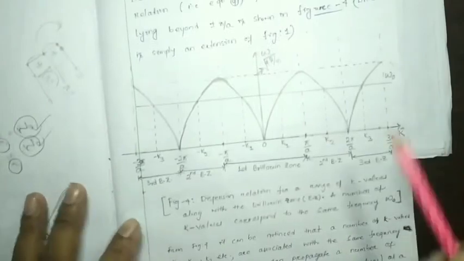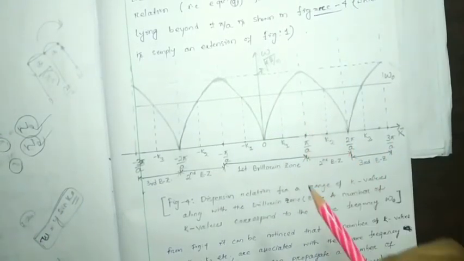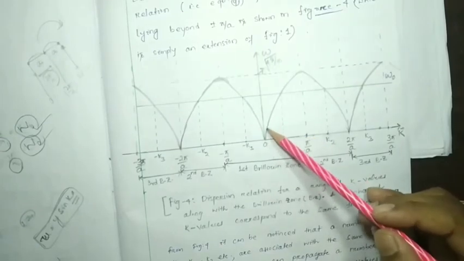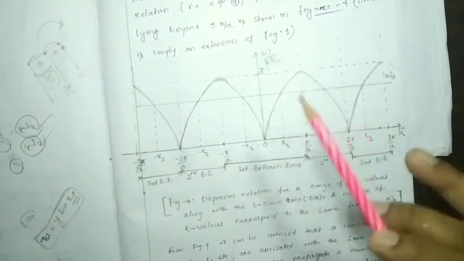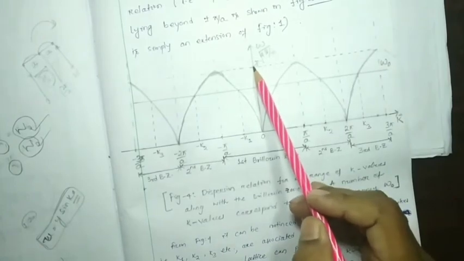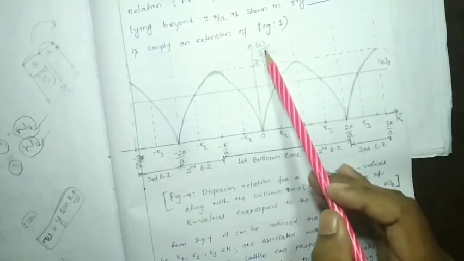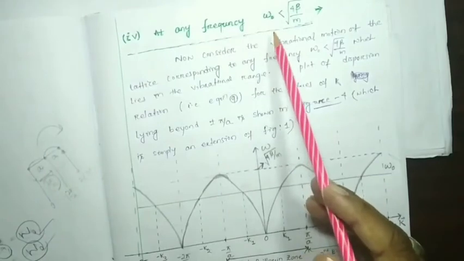Now in the Brillouin zone, one interesting thing you can observe here. Before that, I am going to say that this is the so called highest frequency point, that is nothing but 4 beta by m. But here we are going to consider a frequency which is less than the highest frequency.